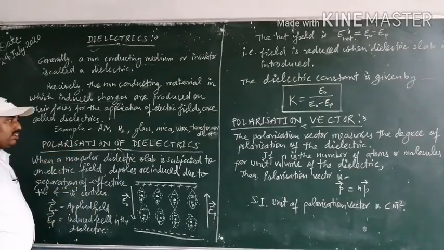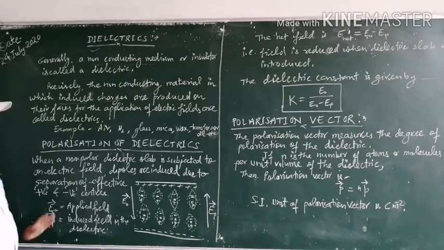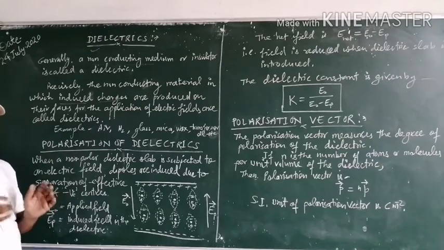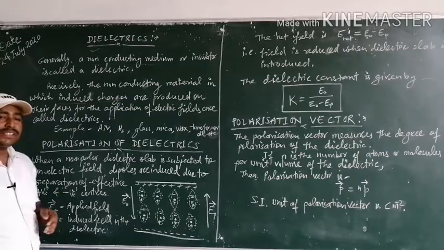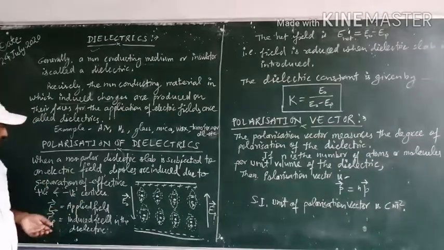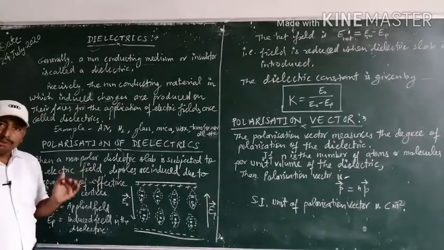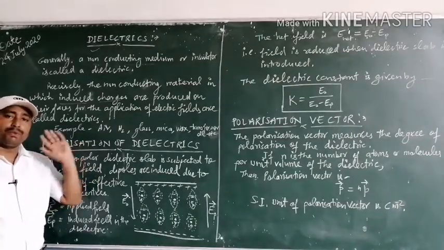Now, polarization of dielectrics. We know that dielectric substances are of two types, one polar and the second non-polar. Now we are talking more about the non-polar, because we already discussed polar molecules.